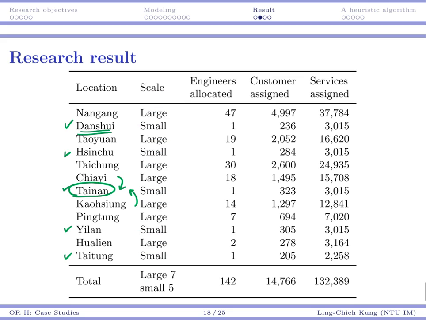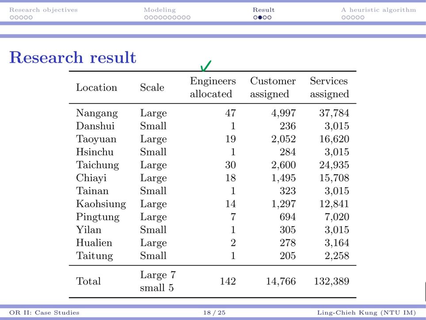The optimizer tells you that this is the best way to save office rents. Maybe it's because currently office rent is too high and the gasoline fee is not so high. For engineer allocation, you may also see that there are some huge offices that need a lot of engineers.